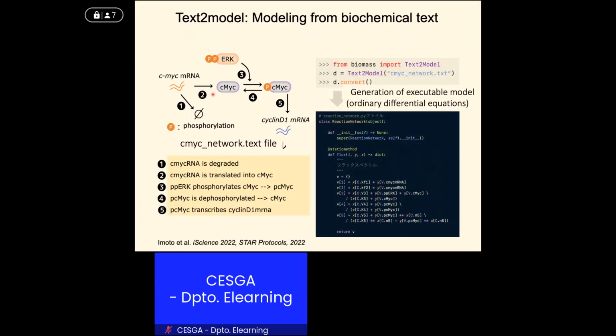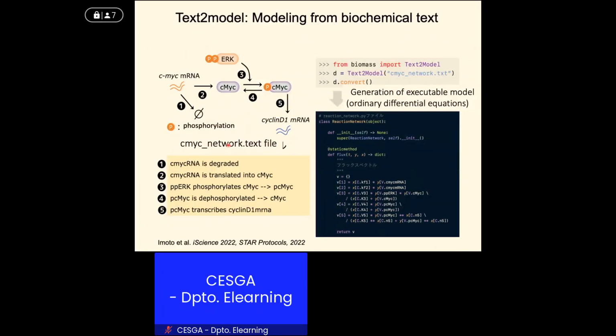For the TEXT model, Imoto Hiroaki, who is in Dublin now, suddenly realized this method. In mechanistic modeling, we usually use very simple equations like mass action, Michaelis-Menten reaction, or linear decay.